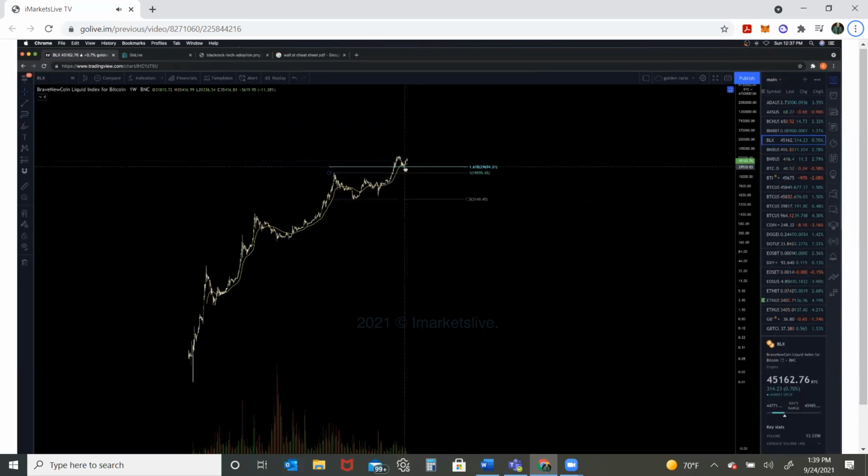We see that it held that level after multiple tests, and the amount of coins on the exchanges is drying up. People are holding more. People are not interested in selling at these prices. So that is the kind of thing that could lead to another boom, a large impulsive rise that would lead into the euphoric state of the market.